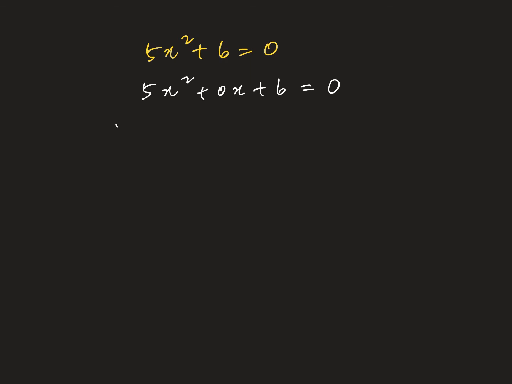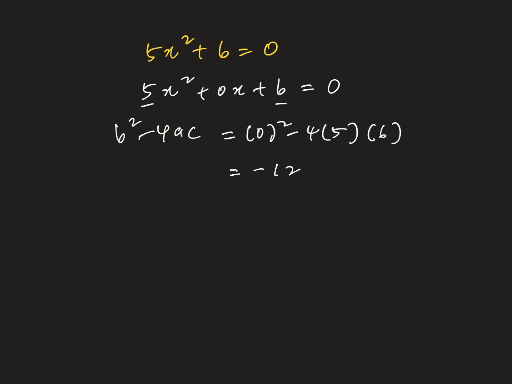So the discriminant b squared minus 4ac is equal to 0 squared minus 4 times 5 times 6, which is negative 120. You can see the discriminant is less than 0, so there is no real root.